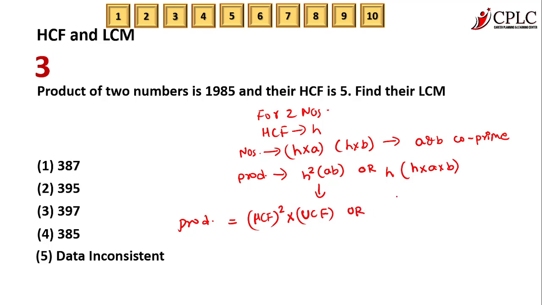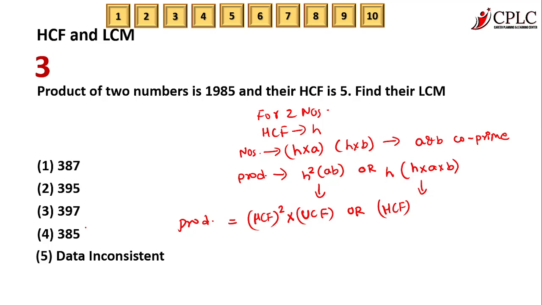Or the other version can be what? Let's try and explore that as well. The other version is obviously H is there, which is HCF, and the other version is H into A into B, where H is the HCF again, and A and B we just now saw they are uncommon factors. Now think about this again.